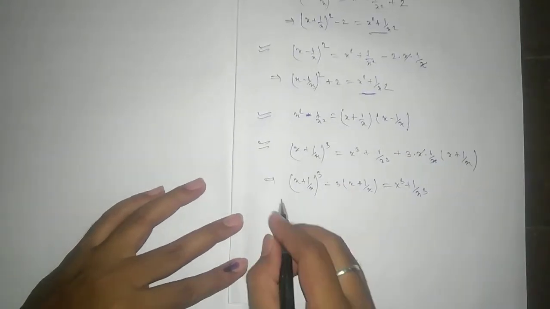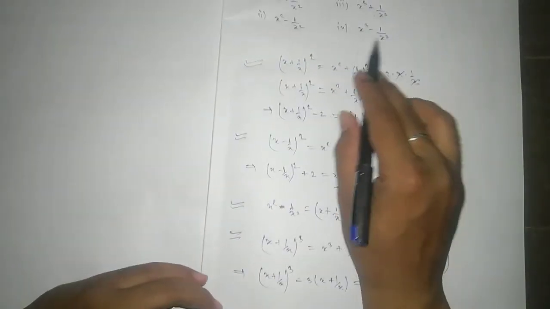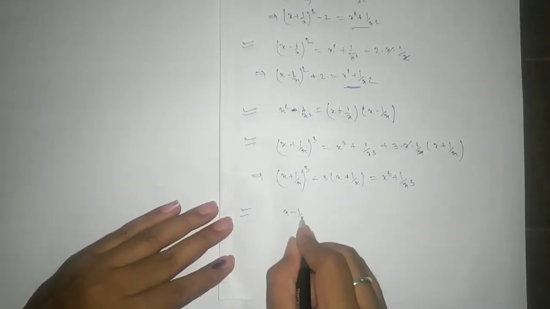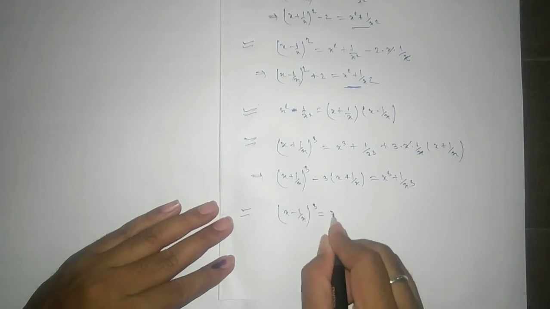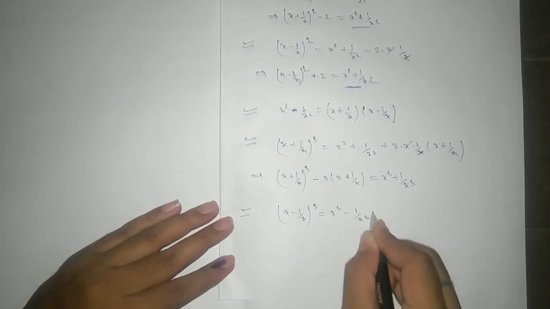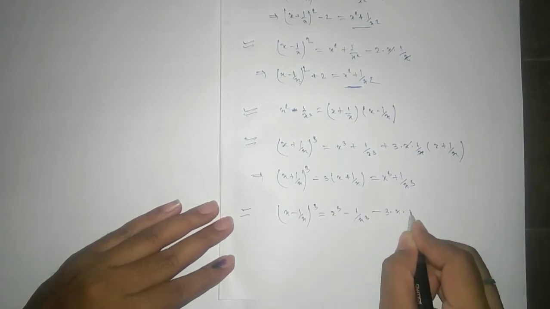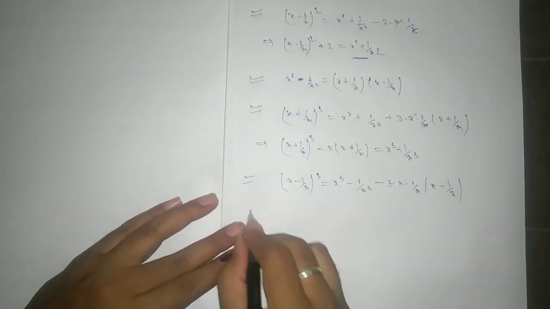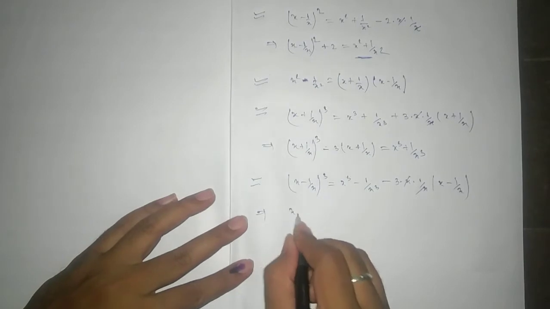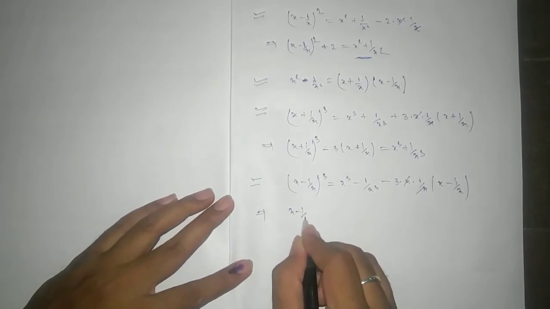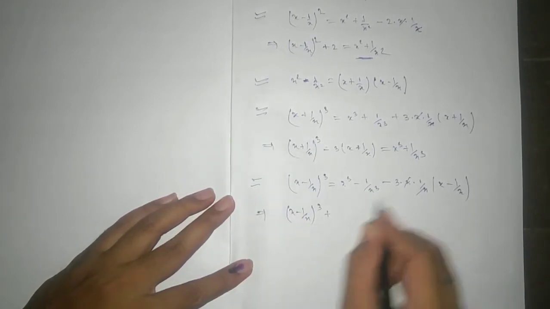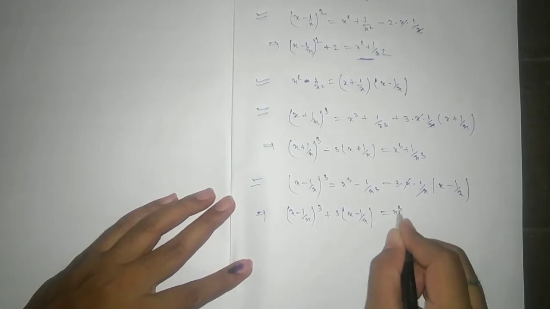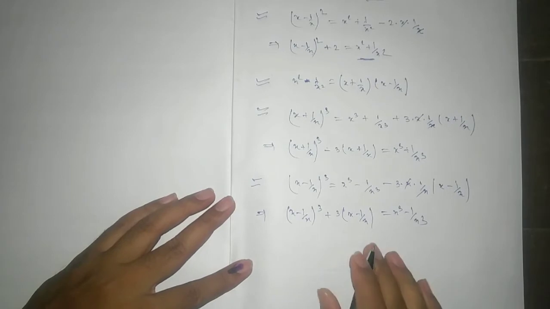For the next, x cube minus 1 by x cube, I hope you can do it now. That is x minus 1 by x whole cube equals x cube minus 1 by x cube minus 3 into x into 1 by x into x minus 1 by x. So x cancels, we get x minus 1 by x whole cube plus 3 times x minus 1 by x. That means x cube minus 1 by x cube gives this formula.